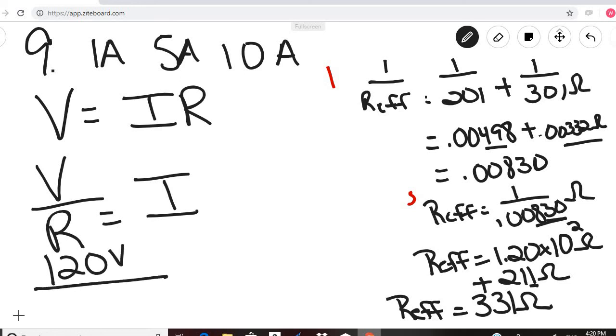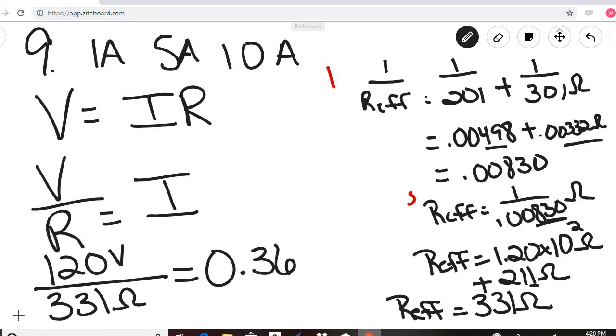The resistance that we calculated was 331 ohms. So a volt over an ohm is an amp, and what you should get with two significant figures is 0.36 amps. And therefore, the fuse that should be used by the electrician is the 1 amp fuse.